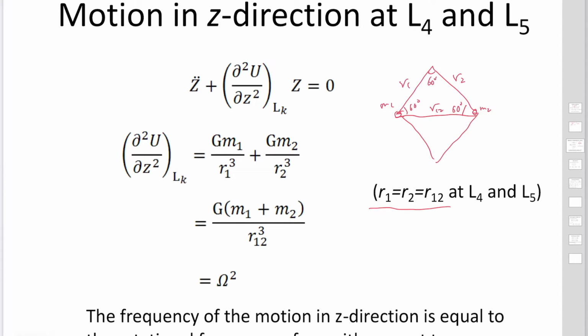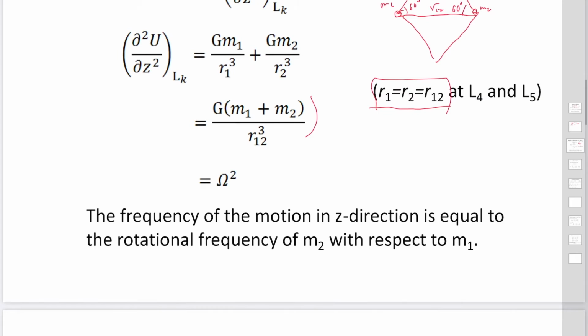You need to substitute this quantity, so it becomes the next line. Then this is exactly equal to omega squared. So the frequency of the motion in the z direction is equal to the rotational frequency of m sub 2 with respect to m sub 1.